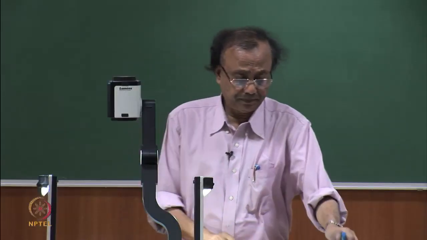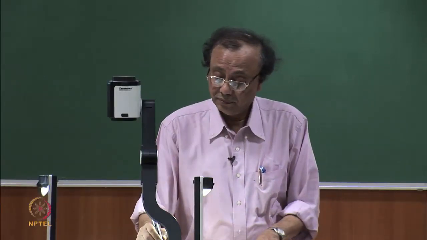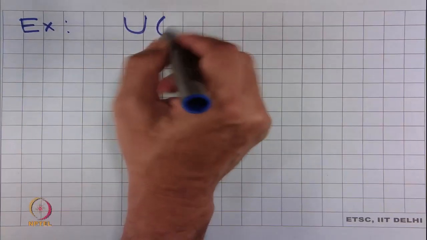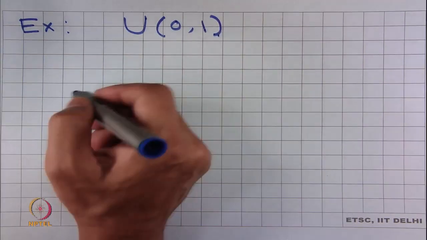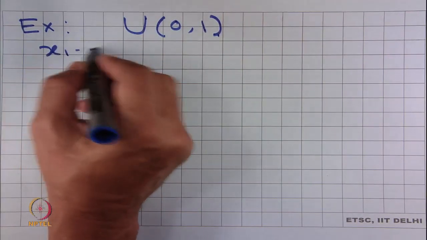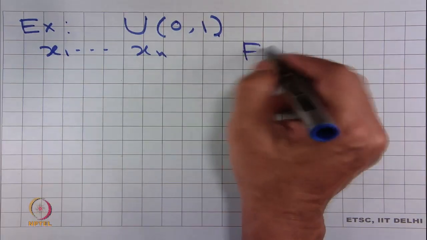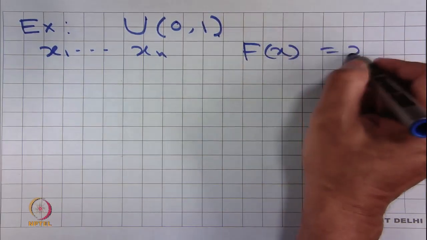So, for example, as I said, I will take uniform 0 1, n samples, F(x) is equal to x.